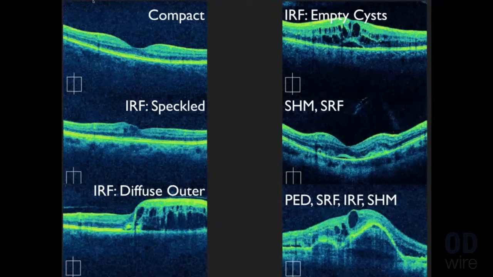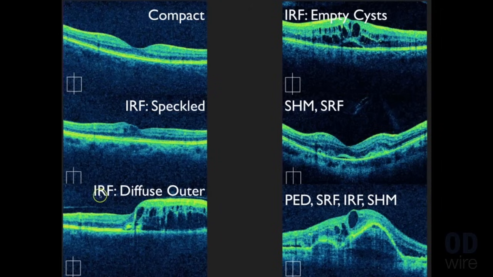You can see on the top this OCT that I've labeled as compact. Compact really just meaning that the neural tissue is all squished together. It's all appearing in a normal anatomic variant. As opposed to this one with intraretinal fluid. The intraretinal fluid actually has a speckled appearance.